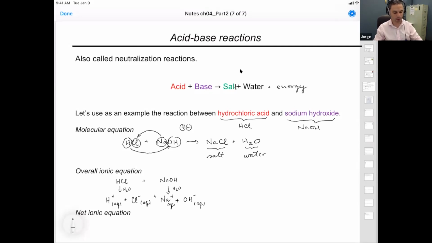And now we will react all the ions here. So in this case, sodium plus is going to combine with chloride minus, and H plus is going to combine with OH minus, and that forms water.